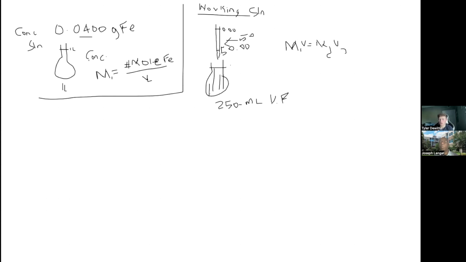This is the molarity 1. You had it from here. V1 here is your 50, you see here, because you took 50 of the concentrated solution. And this is what you are looking for, the question mark right here.